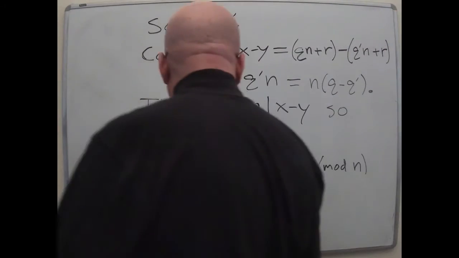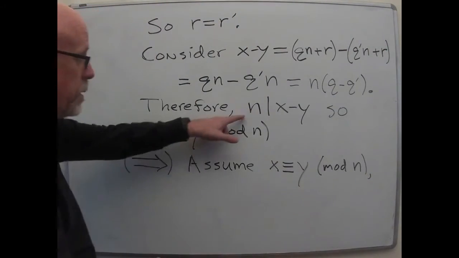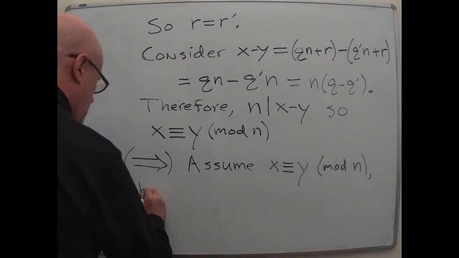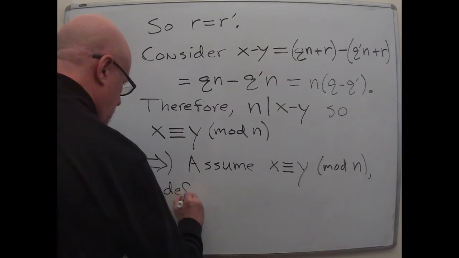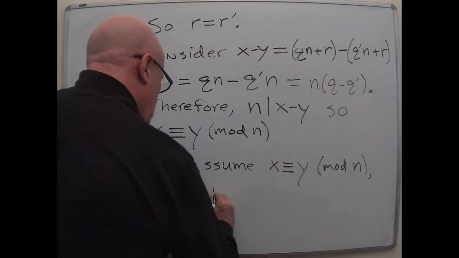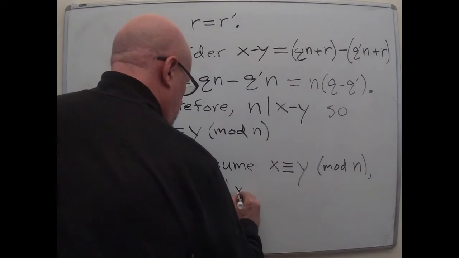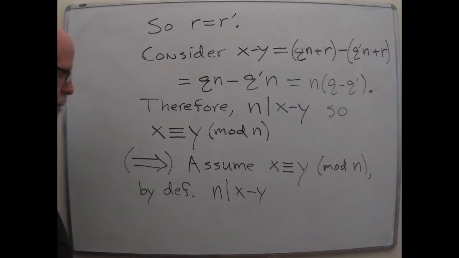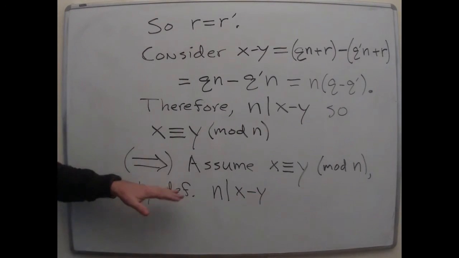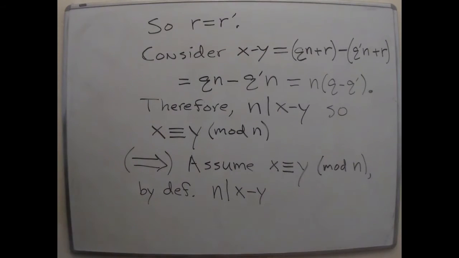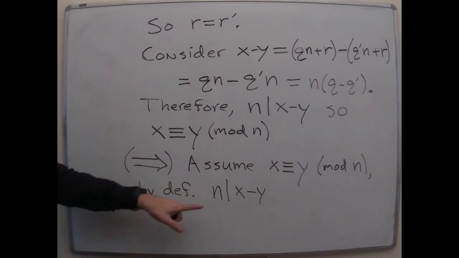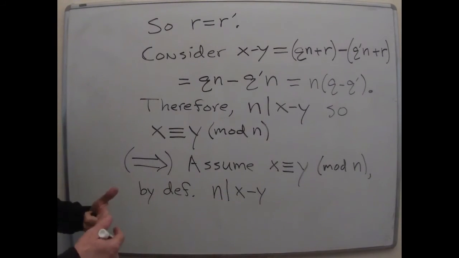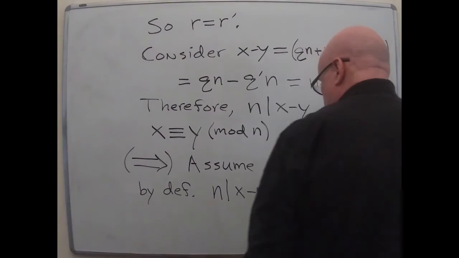By the definition, that gives you something that looks like this: n has to be a divisor of x minus y. Now, in this branch of the proof, I haven't gotten to this point yet, that r is equal to r prime. In fact, that's what I want to get to. So we can't use that because we're in a different setting right now. But we can use that x and y can be written in that quotient remainder form like we had in the initial setup.